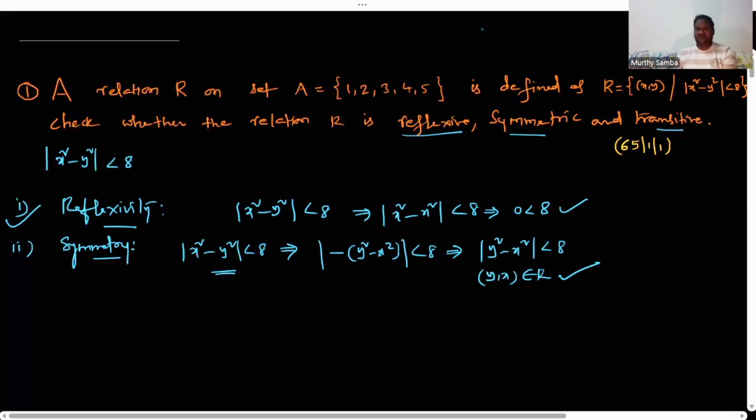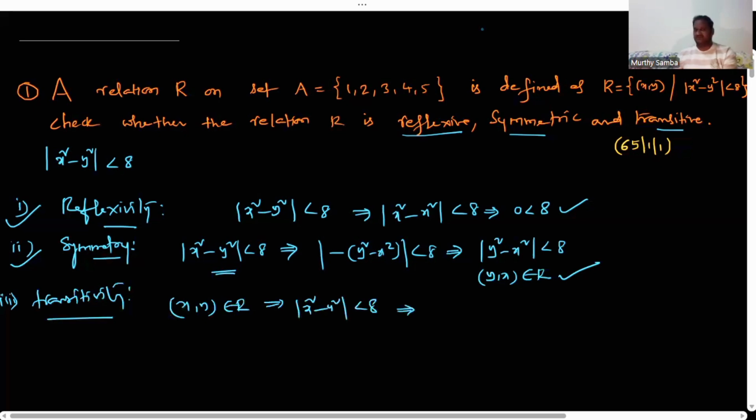Now coming to transitivity. So what is a transitive relation? In the case of transitivity, (x, y) belongs to R means modulus of x square minus y square less than 8. Suppose I take x equal to 1 and y equal to 2.